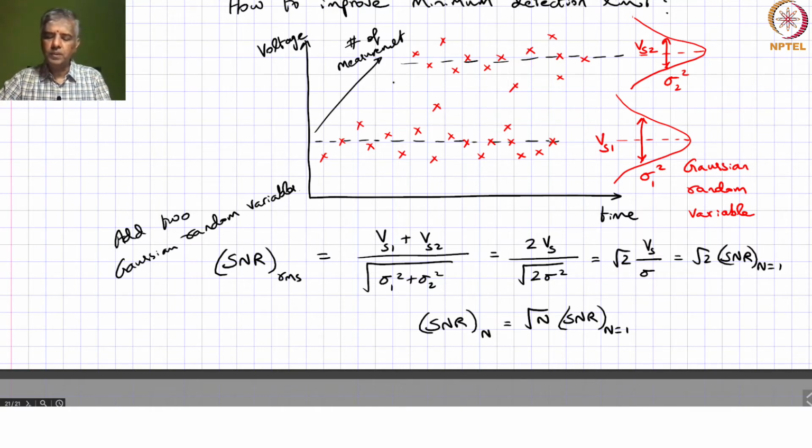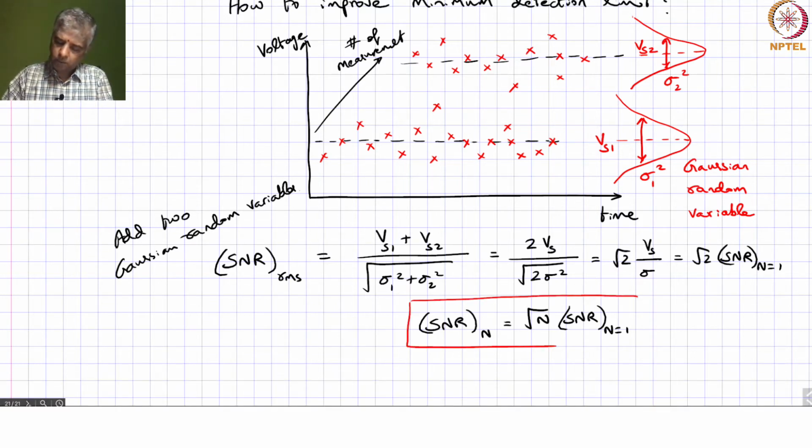And since the variation is because of some Gaussian random process, when you add, you get this sort of improvement in the signal to noise ratio.